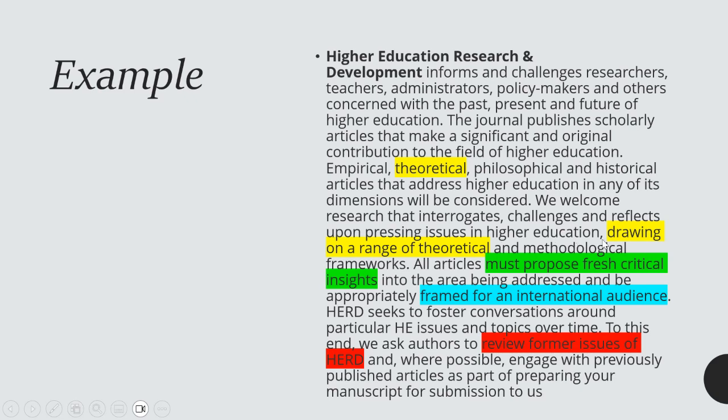They also like articles that draw on a range of theoretical and methodological frameworks. So if you have a unique methodology, this might also be a place for you to publish your articles. But they tell you that all articles must propose a fresh critical insight into the area being addressed and be appropriately framed for an international audience.